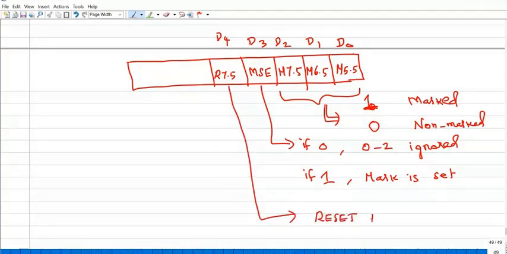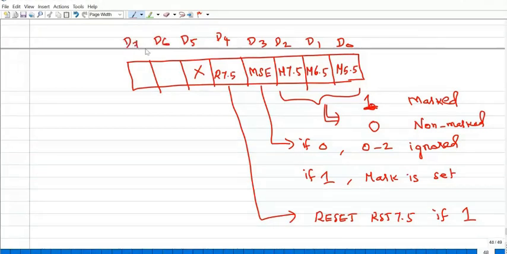Reset RST 7.5 if 1. Okay. So next position, D5 position, reserved. And next position, D6 position, this is D7 position.